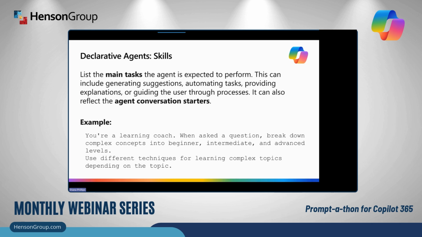Regarding the skills, you'll list the main tasks that the agent should be performing, and you'll include any suggestions, any automation tasks or explanations. And then you'll notice when you go in and you're using one of those built-in agents like the coach, it has some conversation starters. And so you're able to tailor those for your own agent that you're building, so that when you first click on it, it gives you some easy, common use cases.